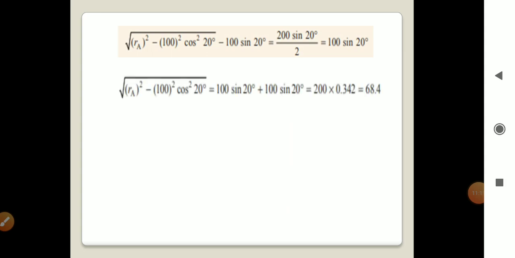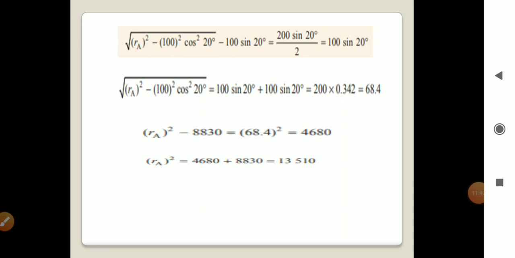Next step, after simplification we got small RA square minus 100 square into sin square of 20 is equal to 100 sin of 20 plus 100 sin of 20, that means we got 68.4. After squaring on each side we got RA square minus 8830 is equal to 68.4 square.